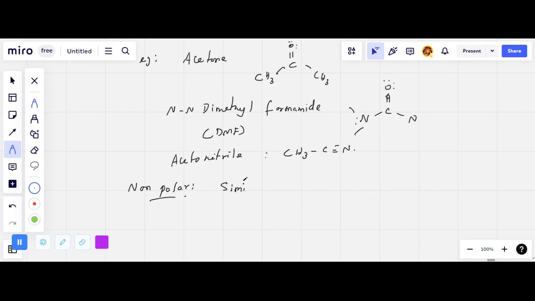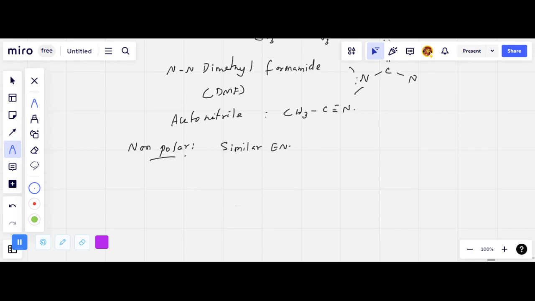Okay, so in polar the electronegativity difference will be huge, but here they have similar electronegativity. So if the electronegativity is similar, then it is non-polar. For example, carbon and hydrogen. Carbon and hydrogen have almost similar electronegativity.